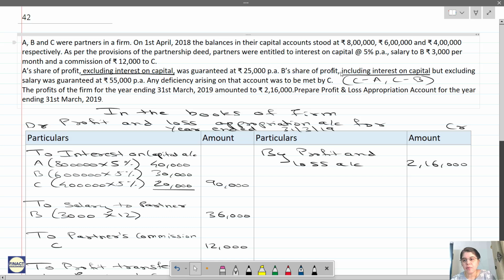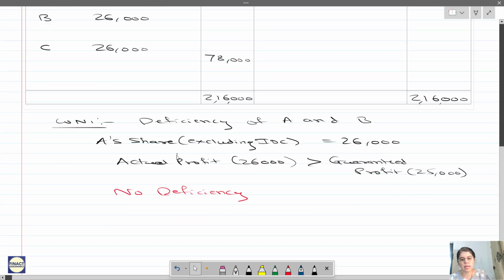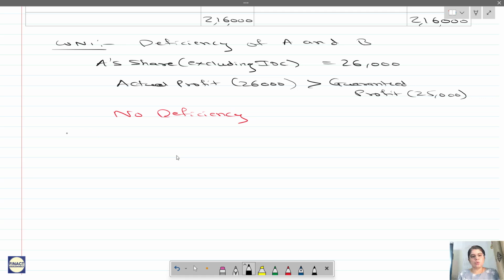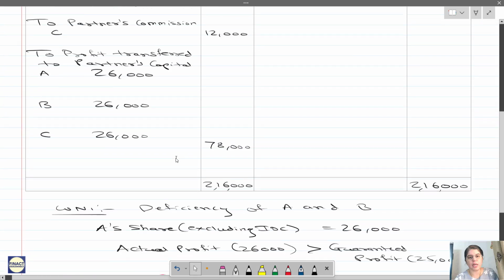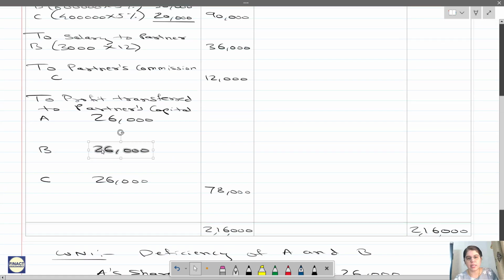B's share of profit, including interest on capital but excluding salary, was guaranteed at 55,000. So what we need to do? We need to add share of profit and interest on capital. So let us add it for B. Share of profit of B is 26,000.